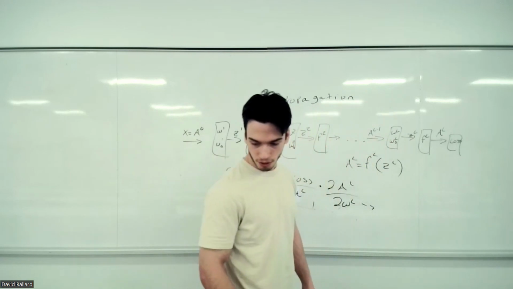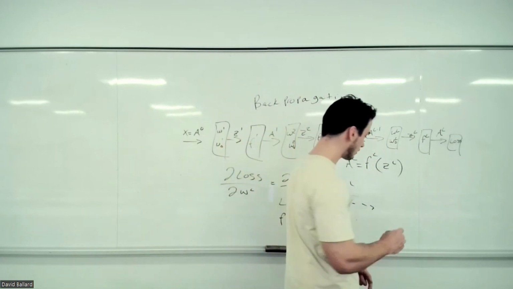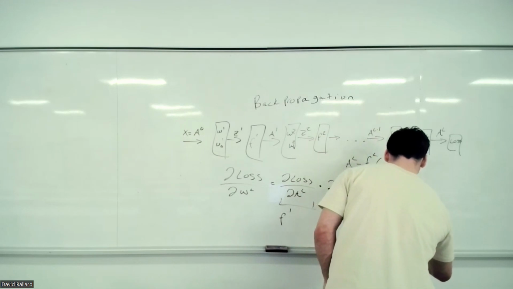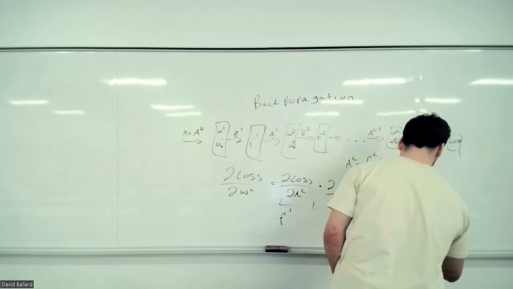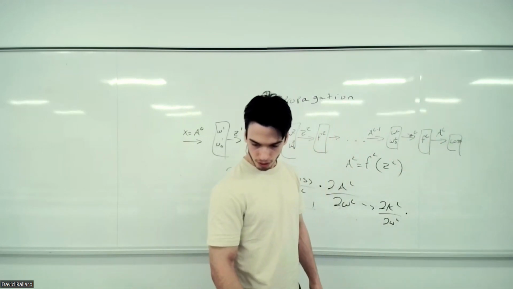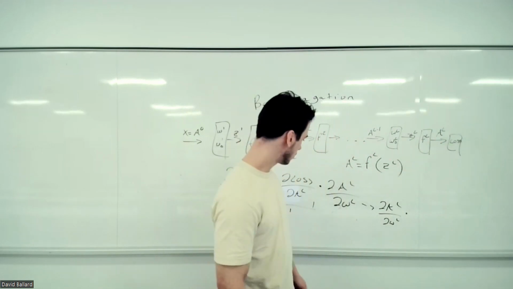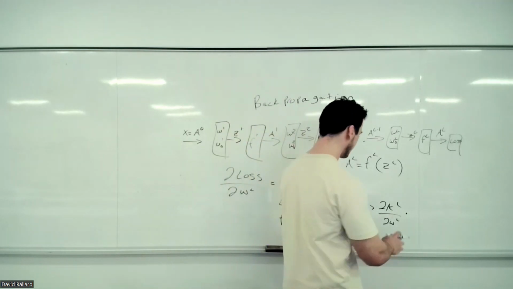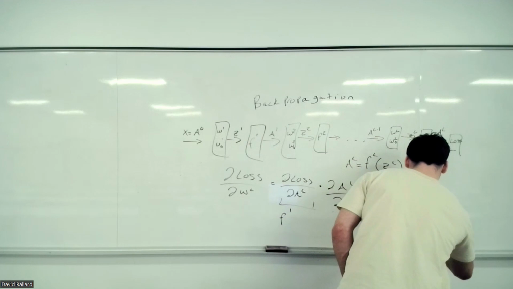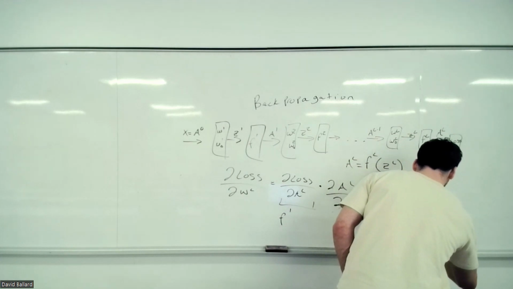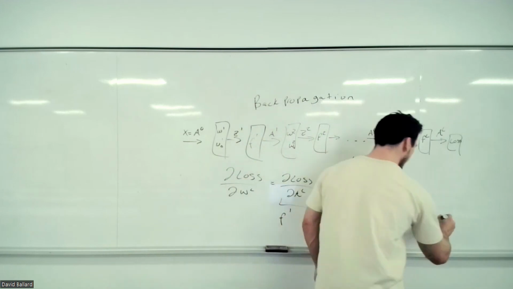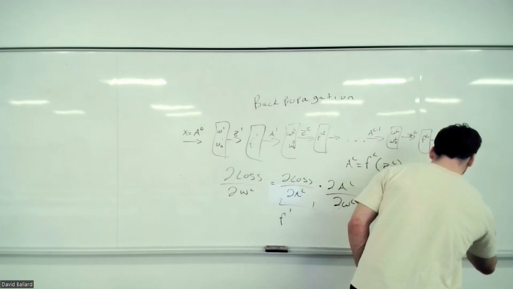So we have the change in our last layer with respect to our weight, which is equal to the change with respect to our pre-activation, and then we use chain rule to break it down.